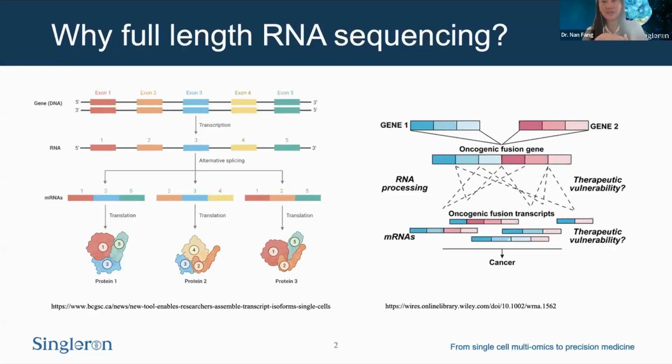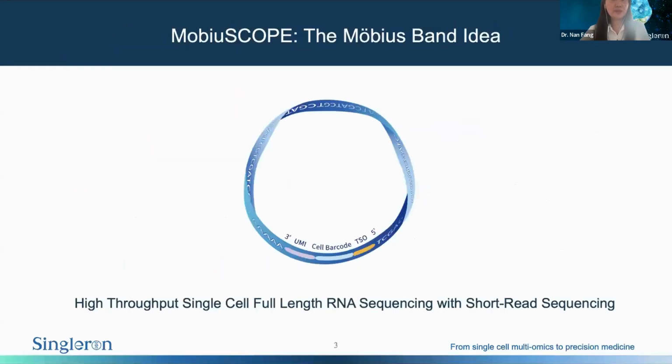And with the standard 3' end RNA sequencing at single cell level, fusion genes normally cannot be detected so well either. So to be able to detect splicing isoforms as well as fusion genes in a more comprehensive, more accurate, and conclusive way, single cell RNA sequencing with full-length information is very important.